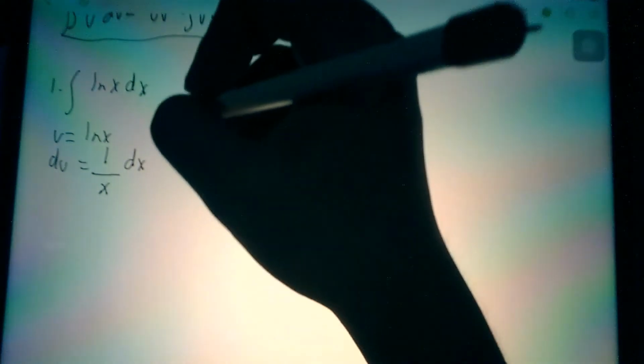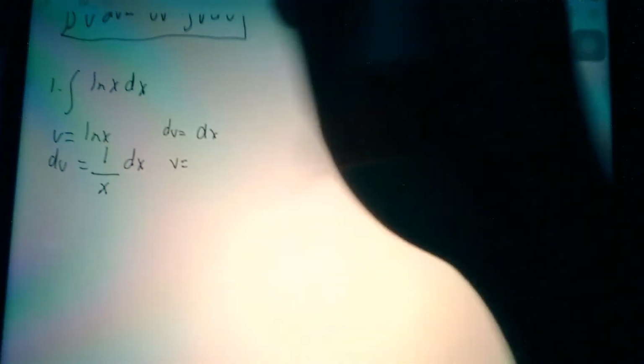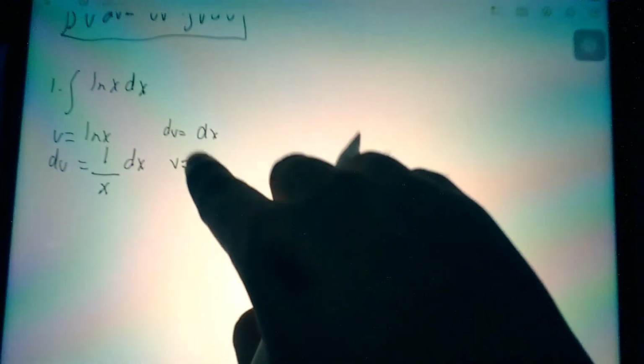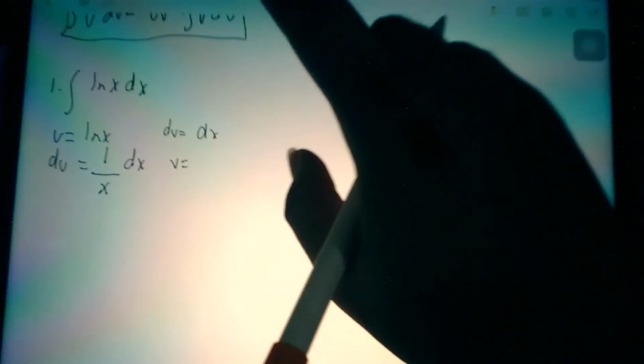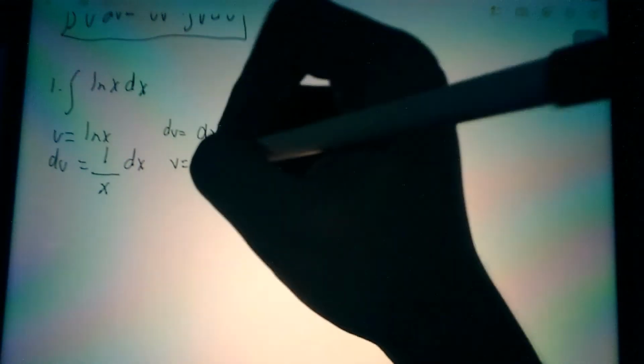So u here is ln of x, and the derivative of that is 1 over x dx, and our dv here is dx. So now how do we get the v here? We'll just integrate our dv. The integral of dx is just equals to x.